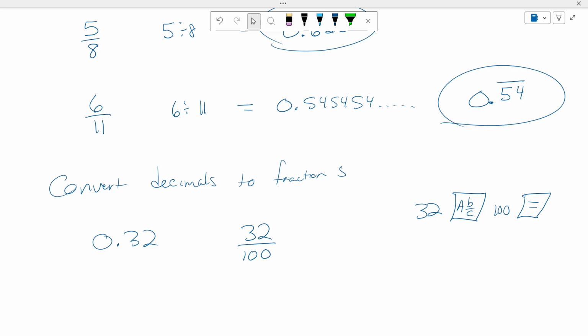Take 32, AB over C on 100 equals. What do we get? 8 over 25. Did we get that? Okay.